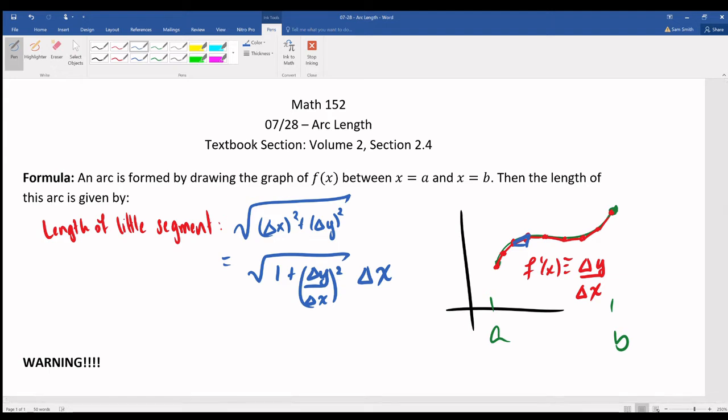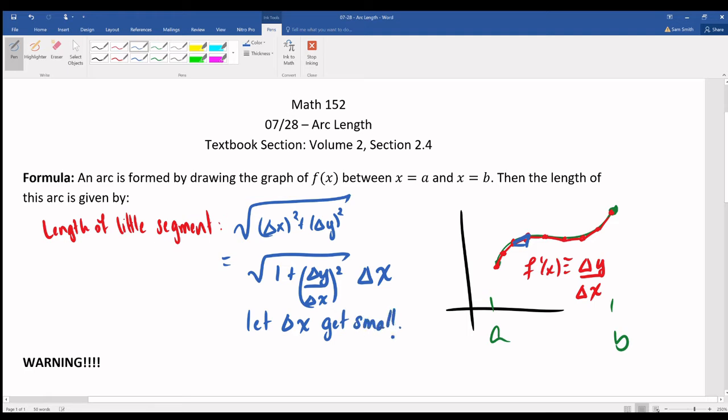And if we let delta x get small, then we're going to get the square root of 1 plus f prime squared dx. So that is the length of this tiny little single segment on this chain forming the curve.